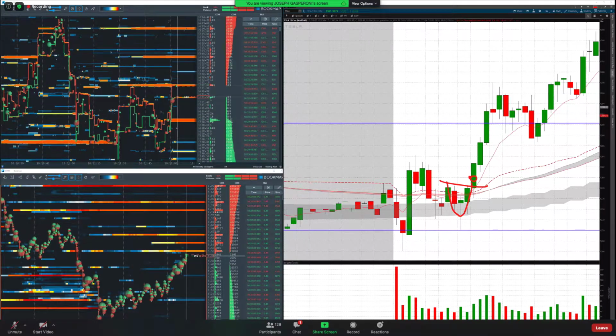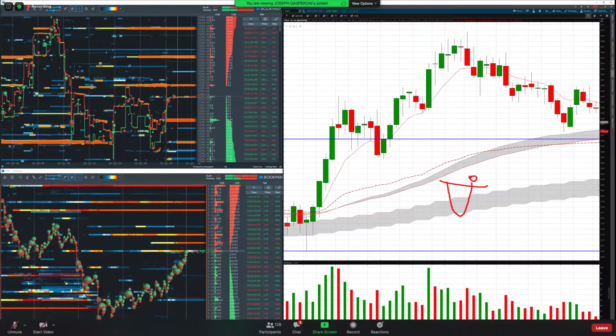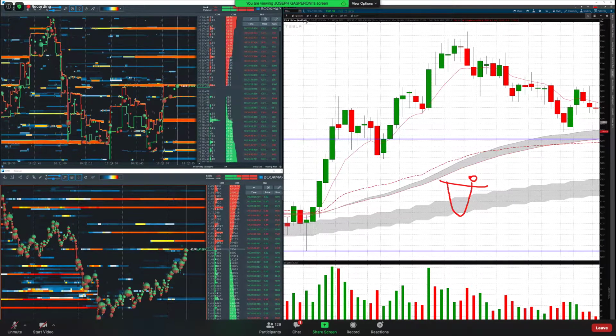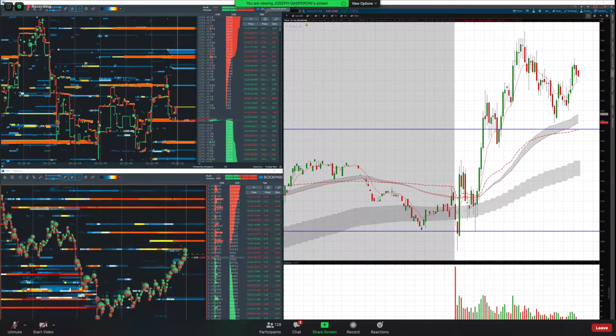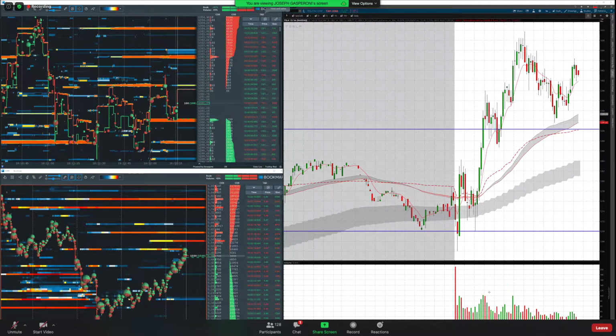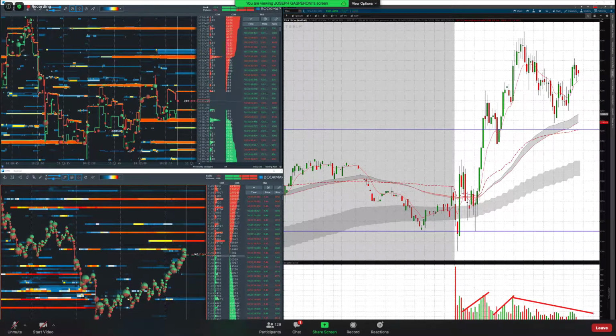Once we see over here volume fading, so look at your volume. Over here we have still big volume, but then from here we have a fade, right? Fade of the volume.